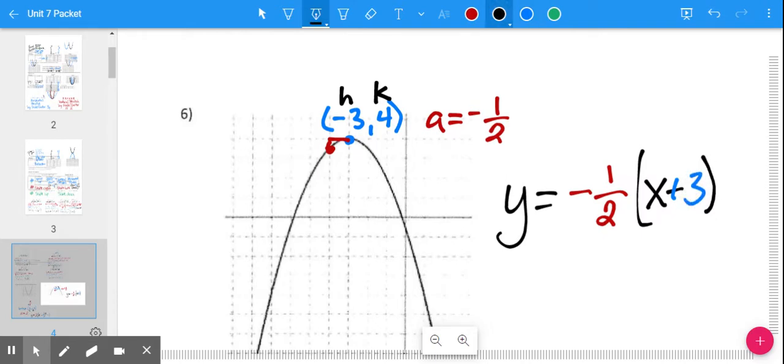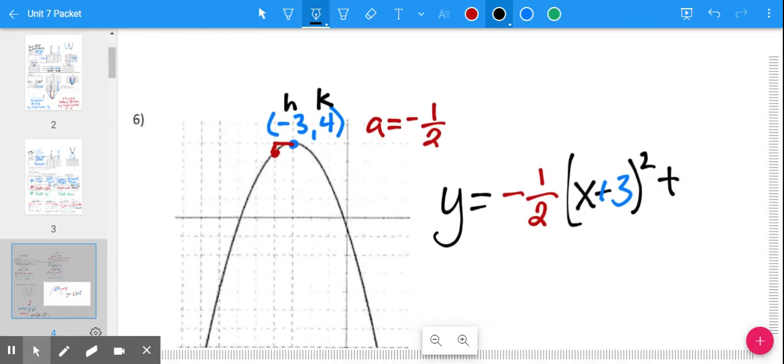Then squared, and then plus k. Your k value is 4. Again, because -3 is your h value, the x minus h became x minus -3, which is the same as x plus 3.